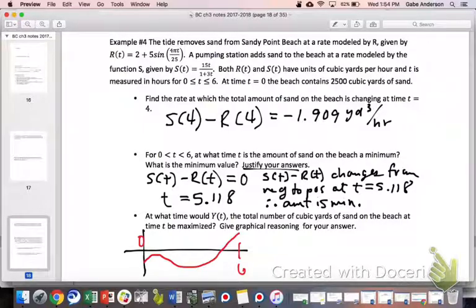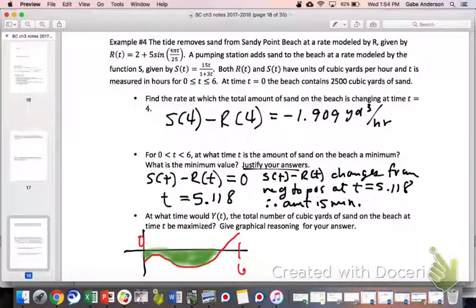And here's where you want to think about accumulating a certain net rate and how that's going to affect the amount. So if I start at 0 and I work my way to the right, all of this area is below the t-axis. So since it's below the t-axis, wouldn't that represent when R of t is bigger than S of t?